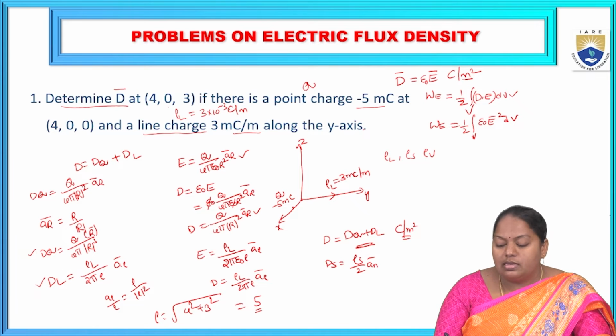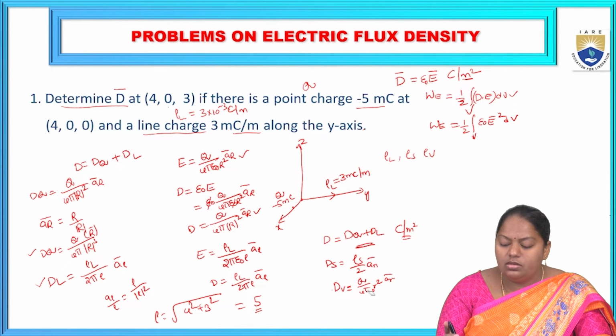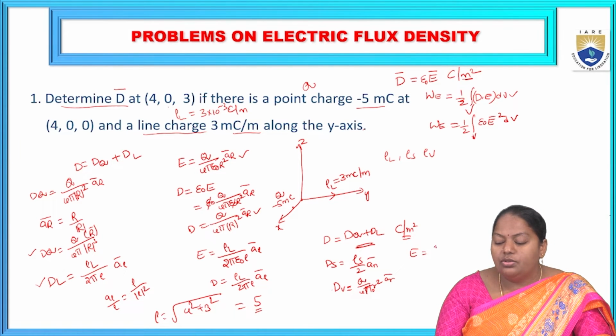Then this is the case where surface charge density is considered. And if you want to consider the volume charge, then it will be Q by 4 pi epsilon naught r square into aR. Means no need to consider epsilon naught. Why? Because as we know, the electric field intensity due to the volume charge is Q by 4 pi epsilon naught r square into aR.